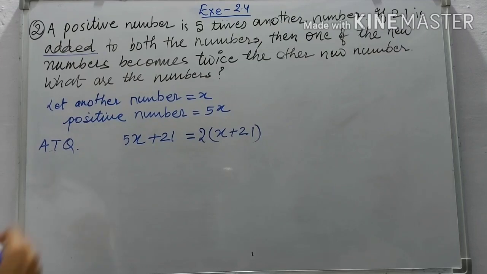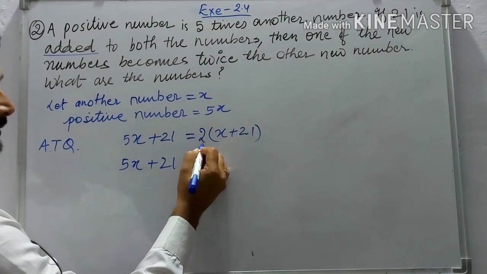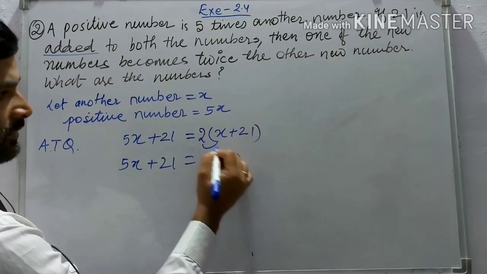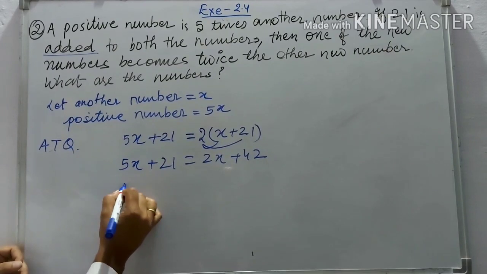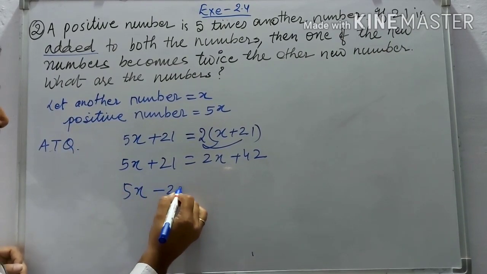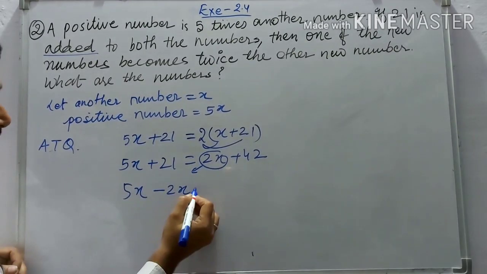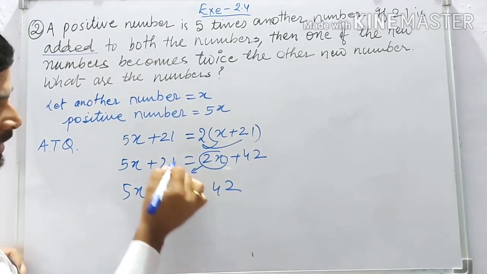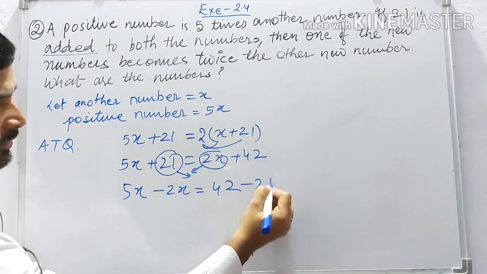Now solve. 5x plus 21 is equal to 2x plus 42. Then 5x minus 2x is transferred to the left-hand side, and 42 and 21 are transferred to the right-hand side as minus 21.